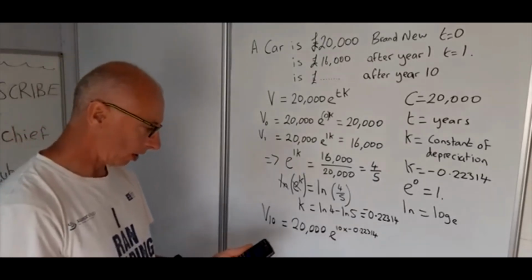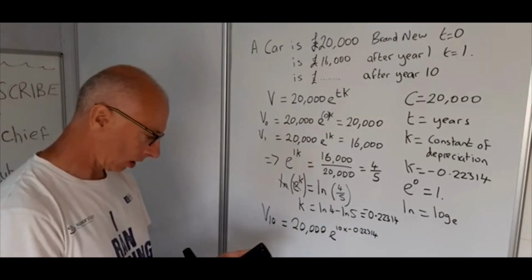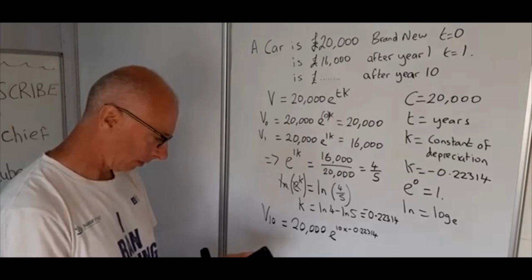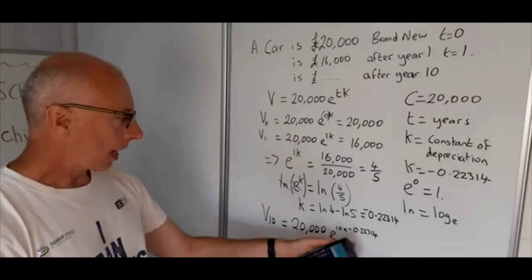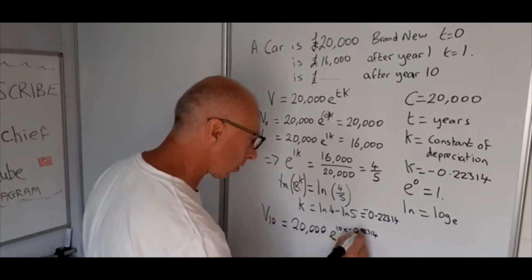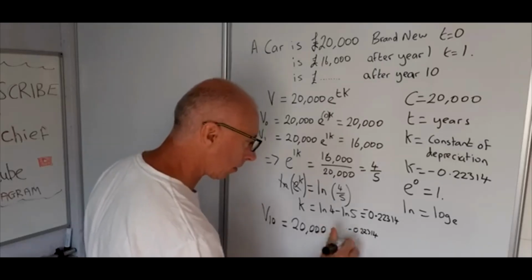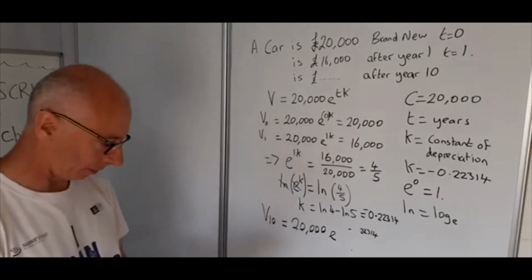So 20,000 times the exponential, so that's 10 times that is going to give us minus 2.2314.